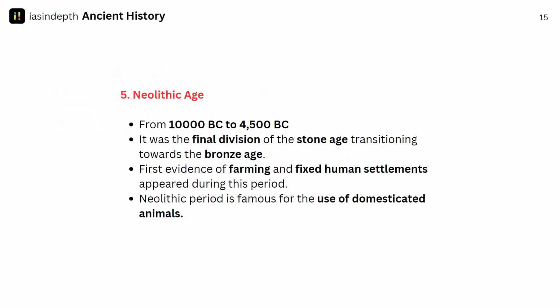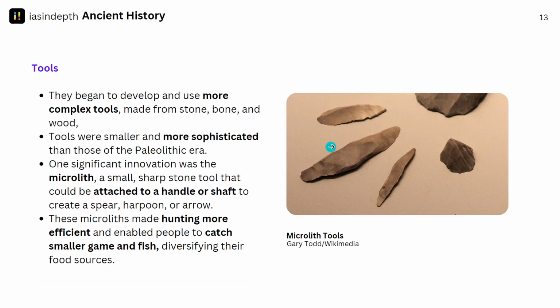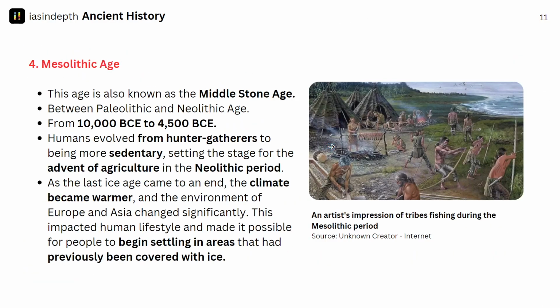Now, what about the Neolithic age, the next stage after Mesolithic? The most important age is the Neolithic age. It starts from around 10,000 BC to 4,500 BC, and it's the final division of the Stone Age. So there is a confusion with regard to the age here.